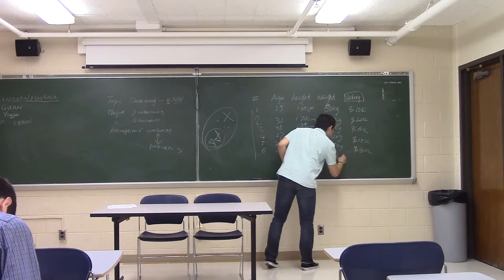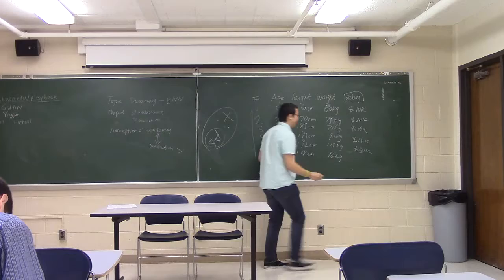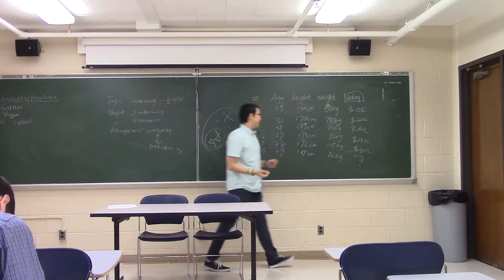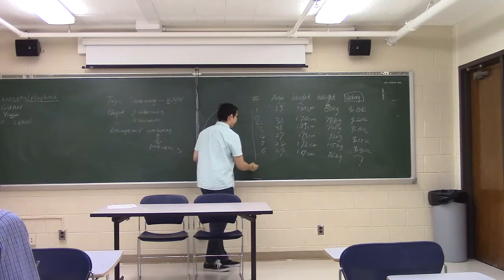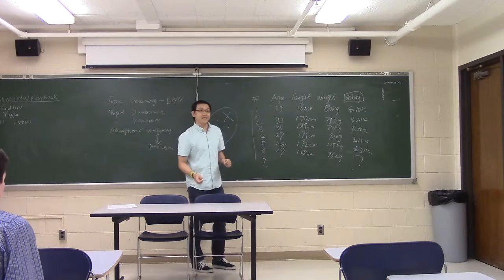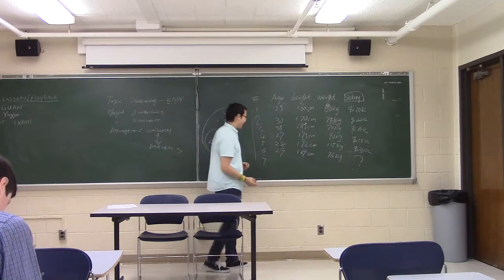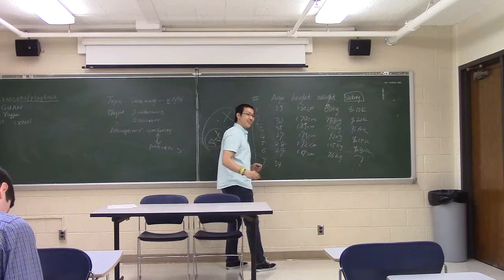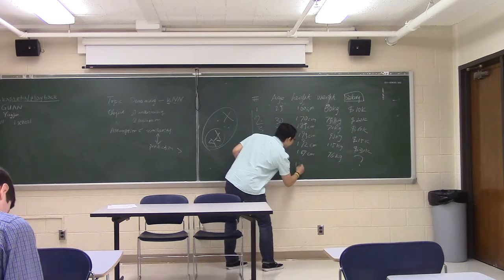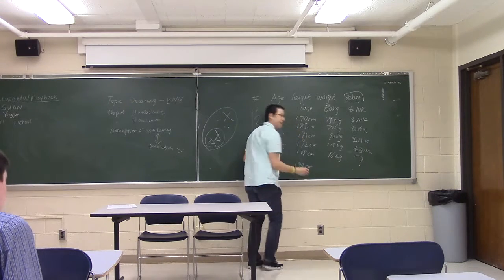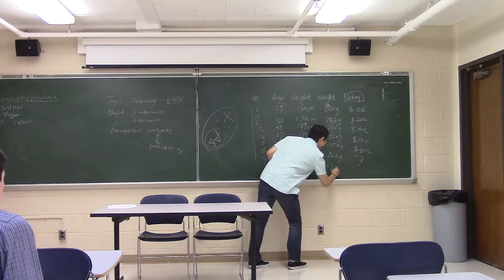And I don't know my salary, there is a question mark on that. How about number 7? I'm 34 years old, 184 centimeters, 67 kilograms, and my salary is also unknown.